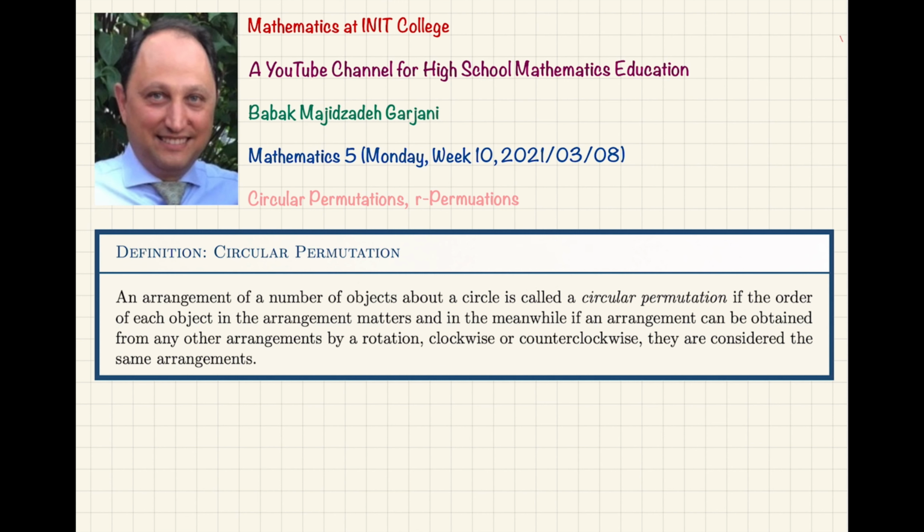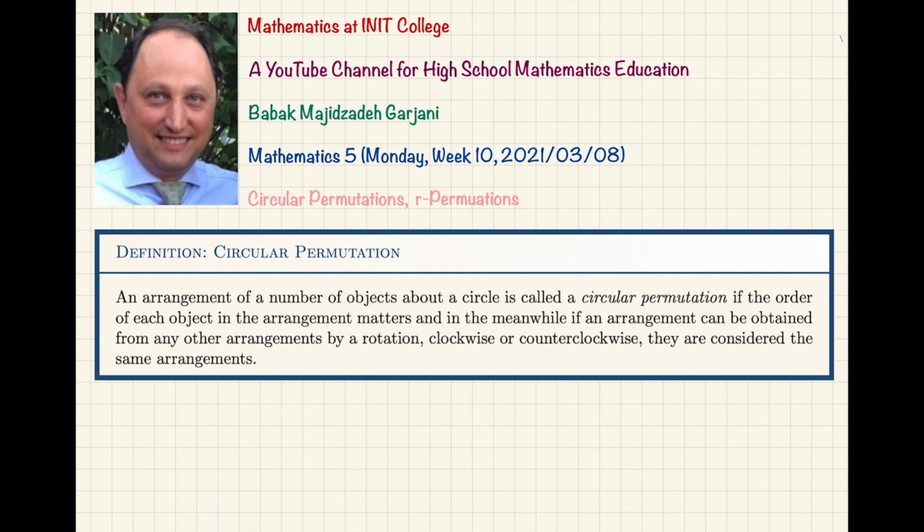An arrangement of a number of objects about a circle, which could be an imaginary circle of course, is called a circular permutation if the order of each object in the arrangement matters, and if an arrangement can be obtained from any other arrangement by a rotation, either clockwise or counterclockwise, they are considered the same arrangement. That is a little different from the permutation we had. Sometimes we call that a linear permutation to distinguish it from the circular permutation.